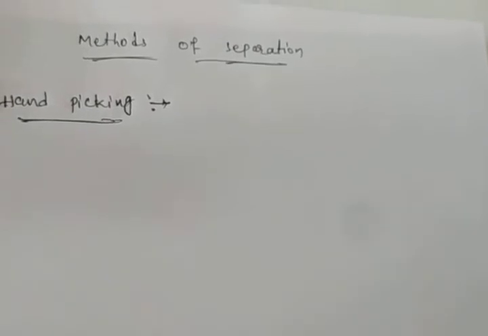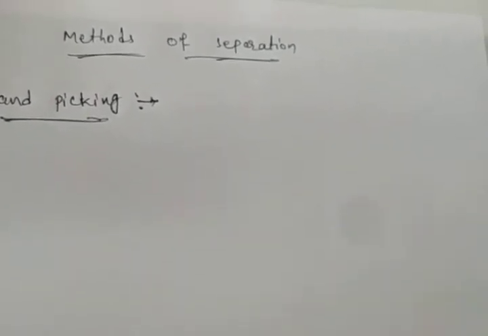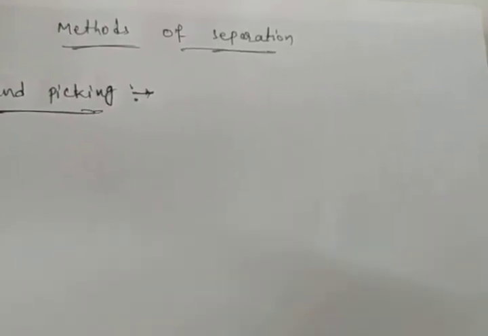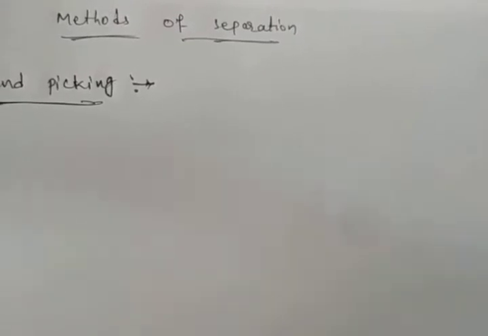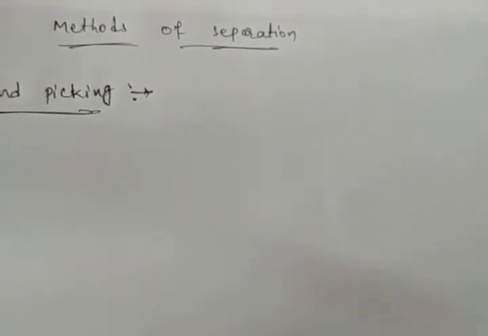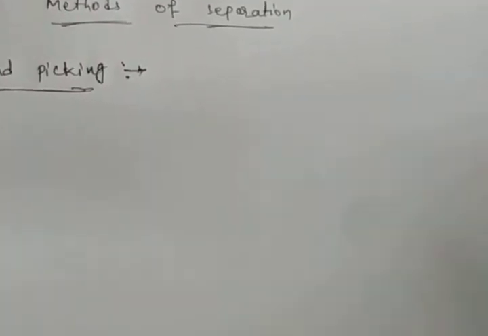If you buy grains from the shop, stones will come, husk will come, and broken grain will also come, and we have to separate them. Then how can we separate? We can separate the husks and stones from the grains.